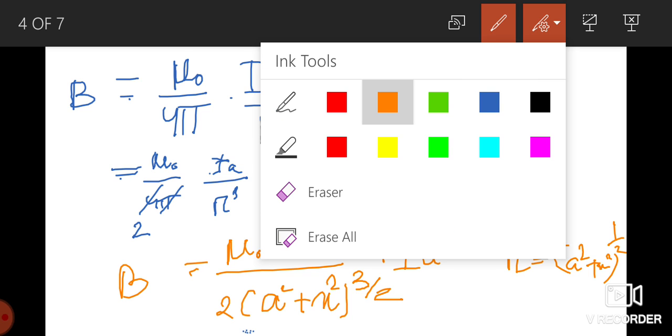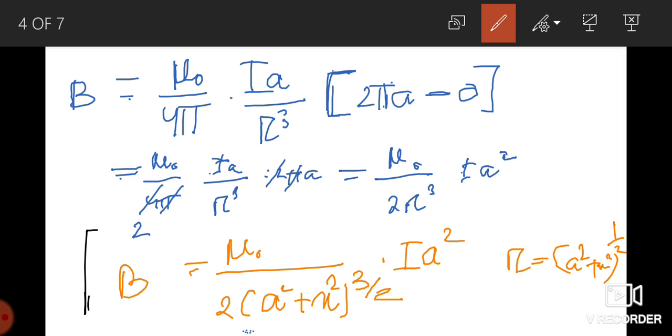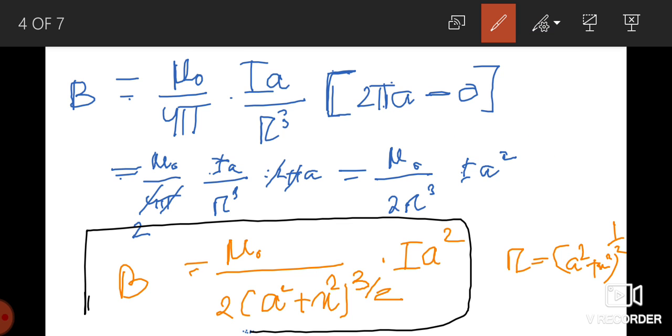That is the final value, the net magnetic field intensity at P due to the circular conductor.